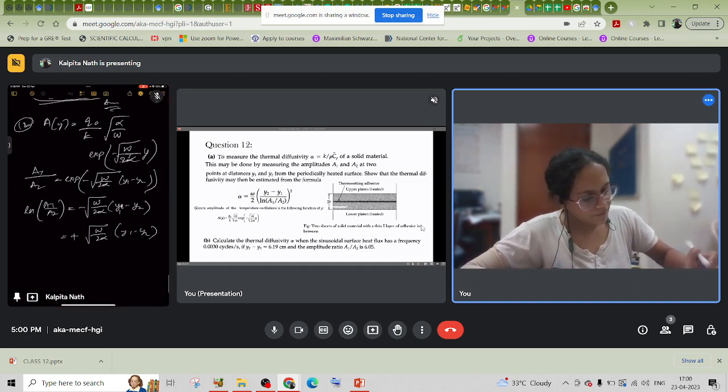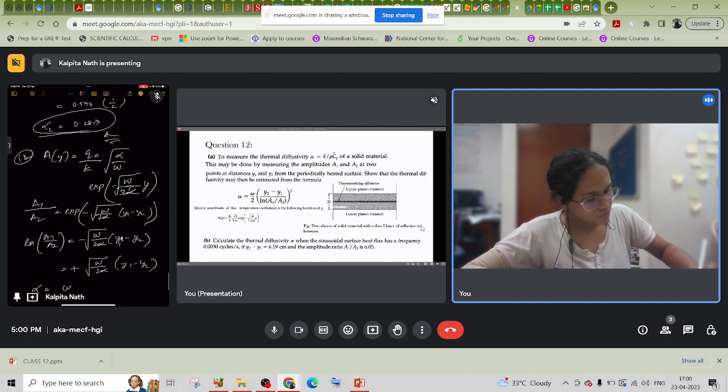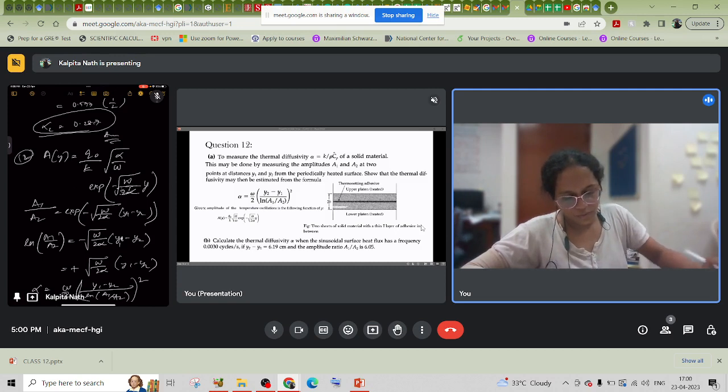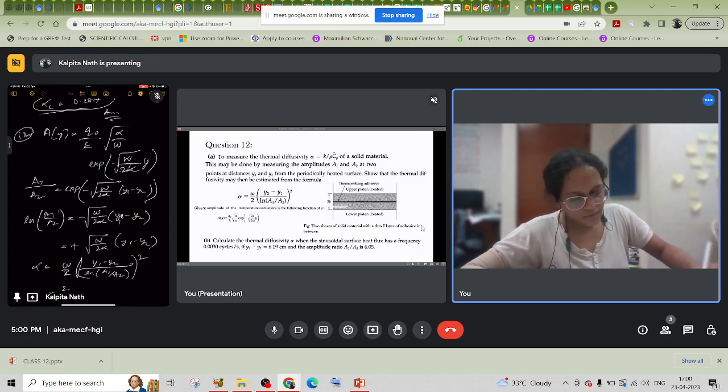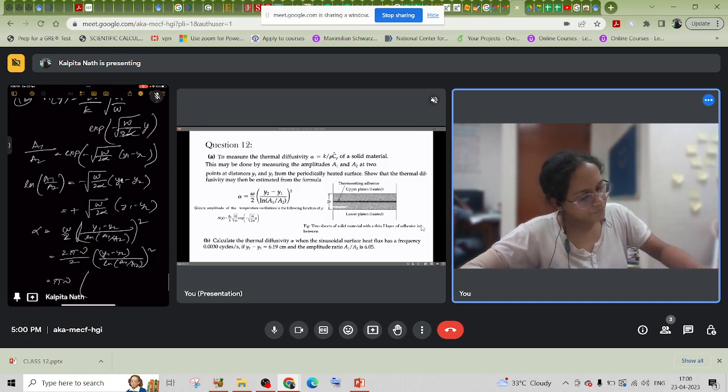So we find alpha is equal to omega by 2, (Y1 minus Y2) upon ln A1 by A2, whole square. Since omega is 2 pi nu, this gives pi nu (Y1 minus Y2) upon ln A1 by A2, whole square, where nu is the frequency in cycles per second.